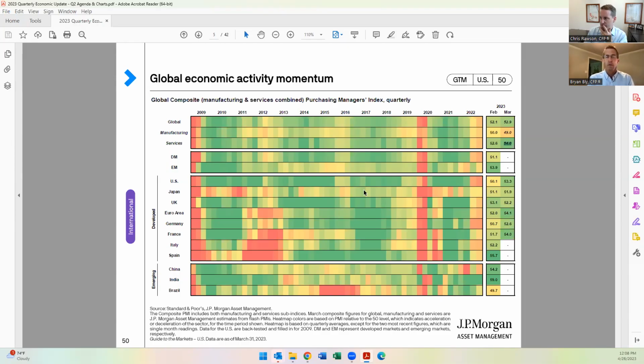That will be a theme throughout as we go through these other slides, the dichotomy between the services and manufacturing or goods levels. That continues to play out as people get back out post-COVID and are still enjoying services and traveling and stuff like that. That's one of the reasons why you'll see some of these figures being positive, as well as inflationary factors, some dichotomy between the two.